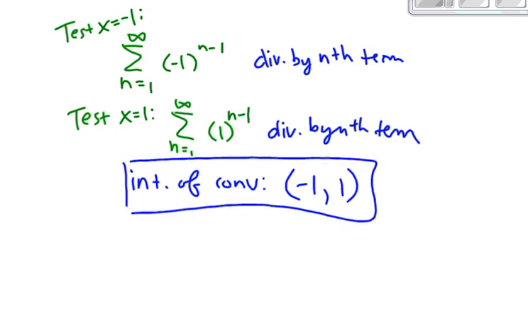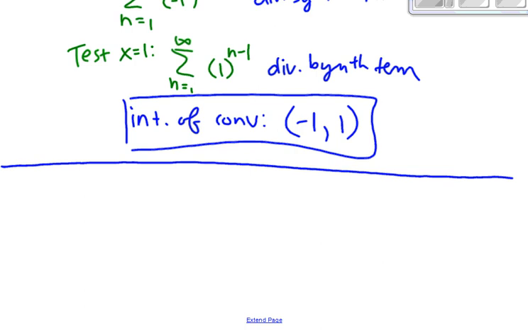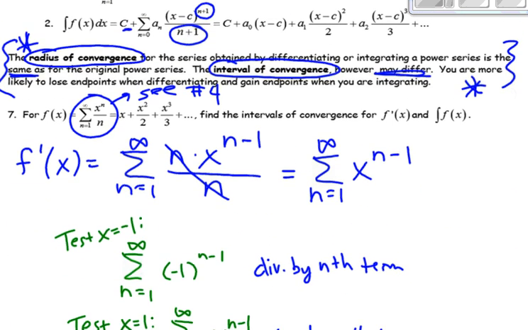Finally, we need to find the integral of our function and find whether that converges or diverges at the endpoints. The integral of our function is going to be the series. We have x to the n over n.